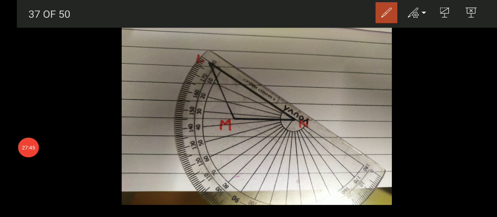Here you have the last placement of the protractor, and you can see I have placed the midpoint of the protractor on N. One arm of the angle N is moving towards 0 degree.